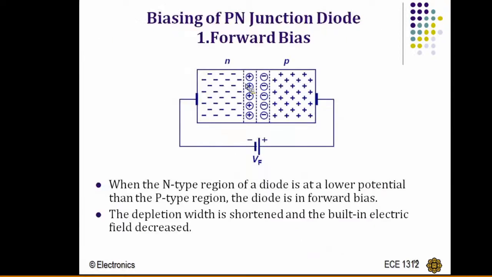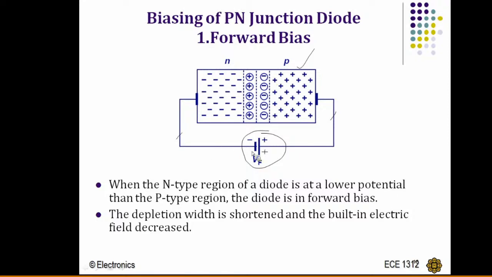Now see, the first one is biasing the p-n junction. This is a forward bias. Forward bias is nothing but connecting an external supply, with the positive terminal to the p side and the negative terminal to the n side. Remember this: if you are not connecting any voltage source, ideally this is the open-circuit p-n junction case.